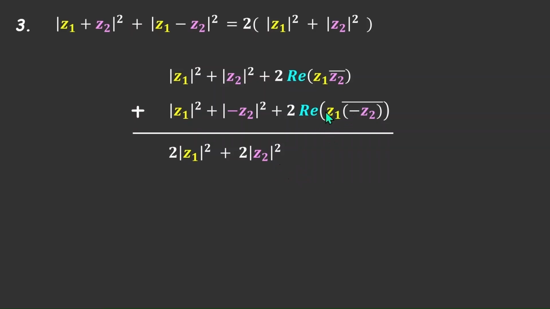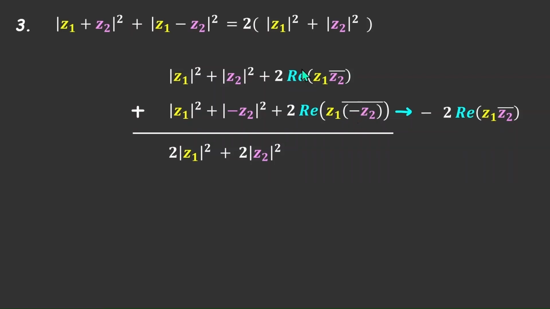Now this is an interesting term. When we are taking conjugate of minus z2, this means that this entire complex number is multiplied by minus 1, which means whatever the real part of this complex number would be, it will also be multiplied with minus 1. So whatever this value is, it would be minus of this value, 2 times real part of z1 into z2 conjugate, because essentially we are multiplying minus 1 with the complex number.